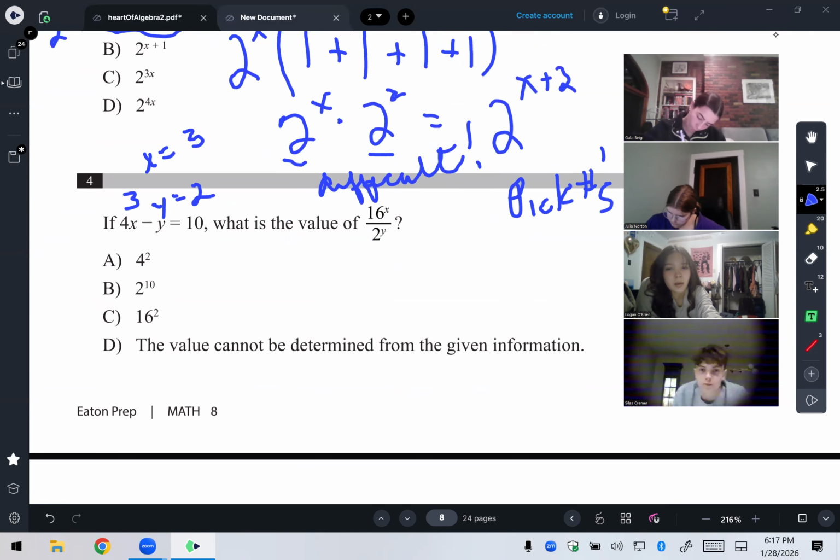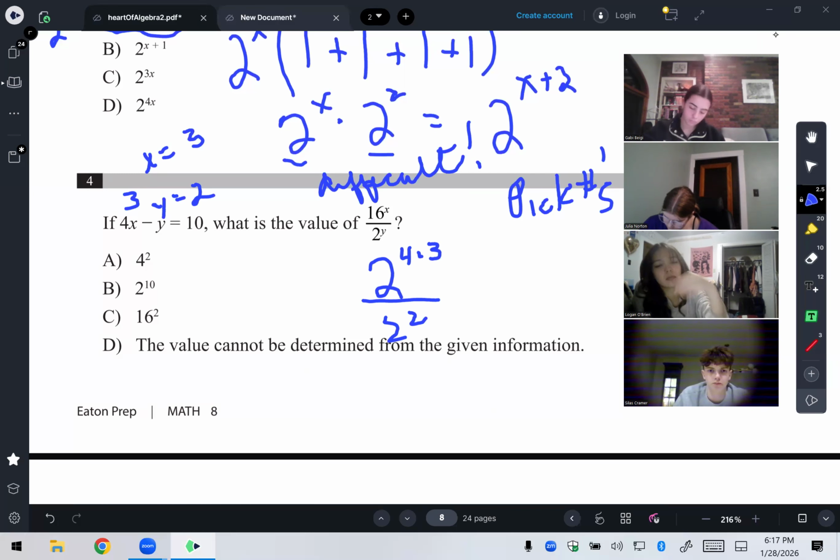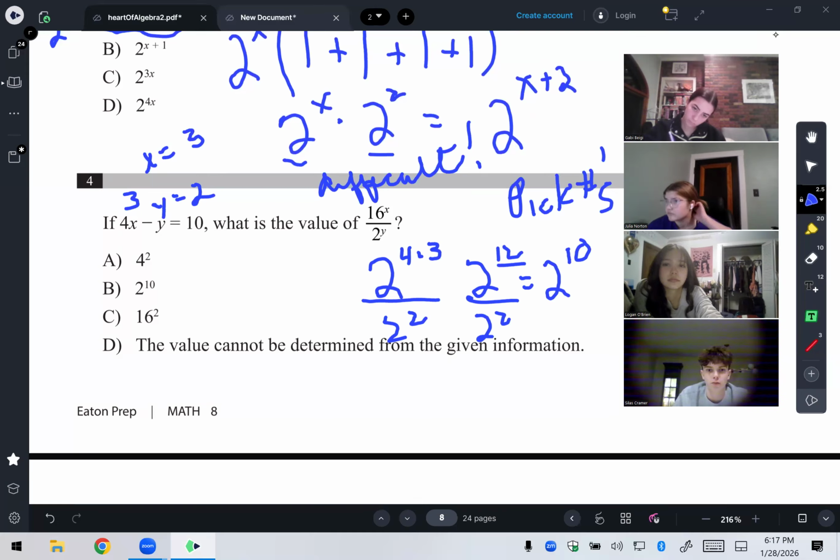So then I have 16, which is 2 to the 4th, and my x is 3, 2 to the 12th over 2 squared. So if I have 2 to the 12th over 2 squared, I just subtract the exponents, and that would give me answer choice B.